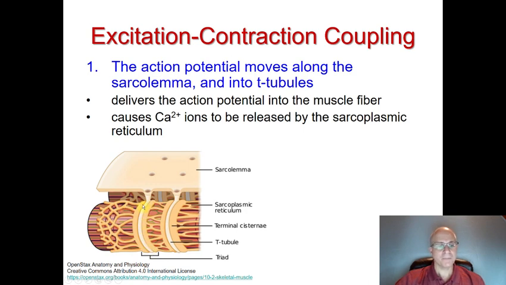And if you remember, on either side of our T-tubule, we've got sarcoplasmic reticulum. And in fact, the relationship between these three structures together, T-tubule in the middle, sarcoplasmic reticulum on either side, we call that the triad. When the action potential travels down the T-tubules, it's going to cause the sarcoplasmic reticulum next door to release calcium.